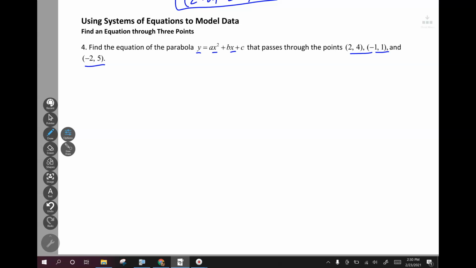So in my first equation, I'm going to plug in 2, 4. Plug in 2 for x and 4 for y. So 4 equals a times x squared, so 2 squared, plus b times 2 plus c. Now plug in negative 1 and positive 1 for x and y.